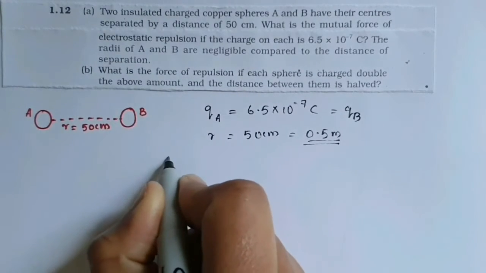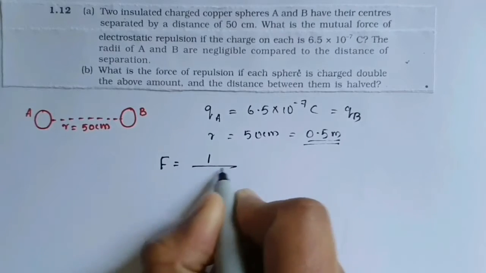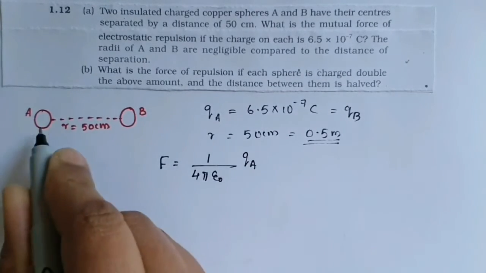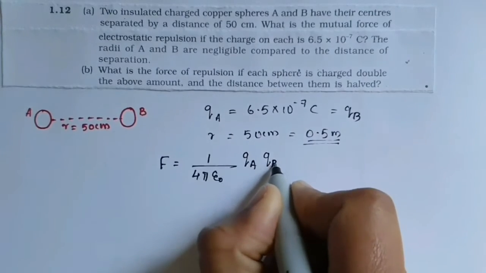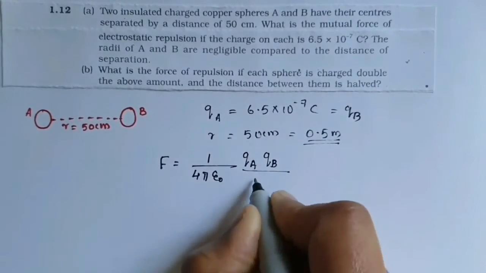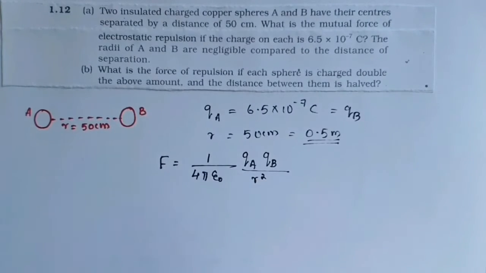According to Coulomb's law, F is equal to 1 by 4 pi epsilon 0 QA, that is charge at A, into QB, that is charge at B, divided by distance between these two spheres, that is r square. Now substitute the values.